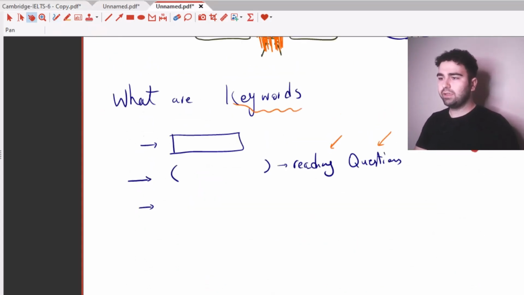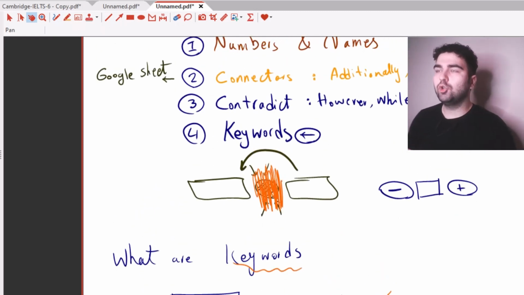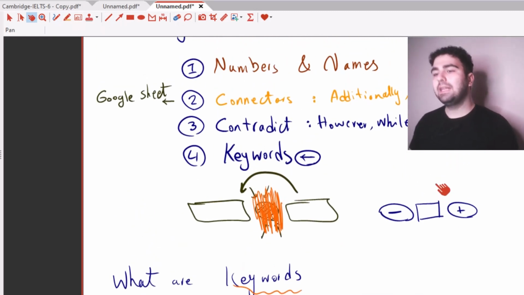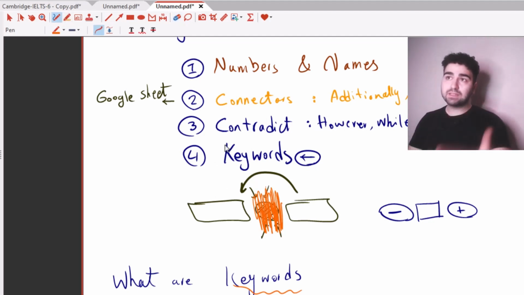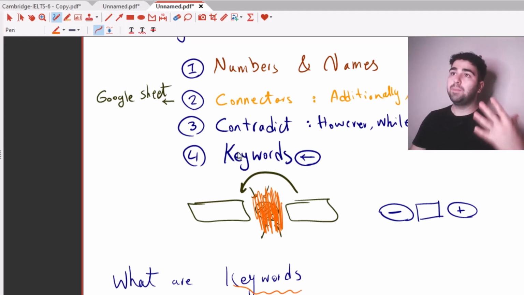You will have your own list of connectors, contradicting devices, keywords, and so on. The most important thing is not keywords, because keywords are defined by the question. I mean, you have to create this list as I have created for you in the Google Sheet. Make it customized to your own experience.